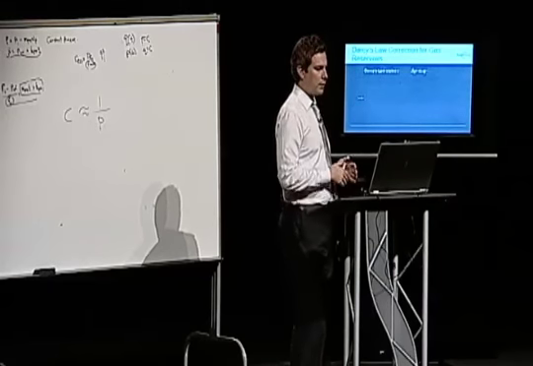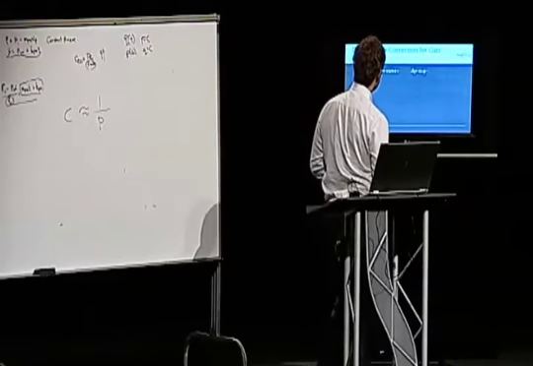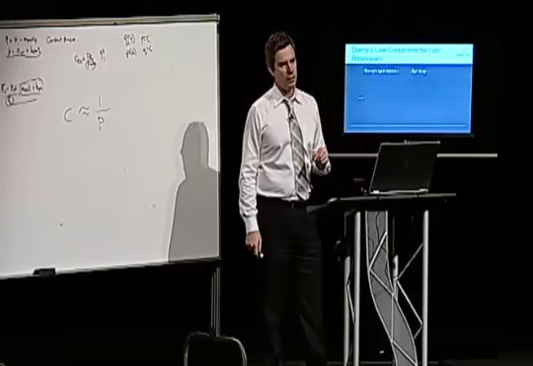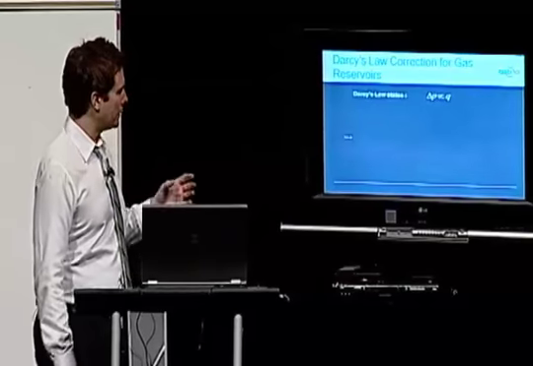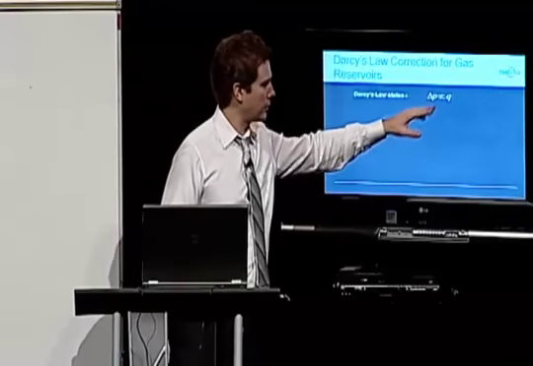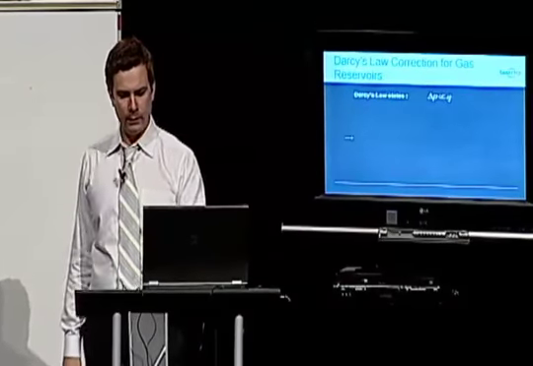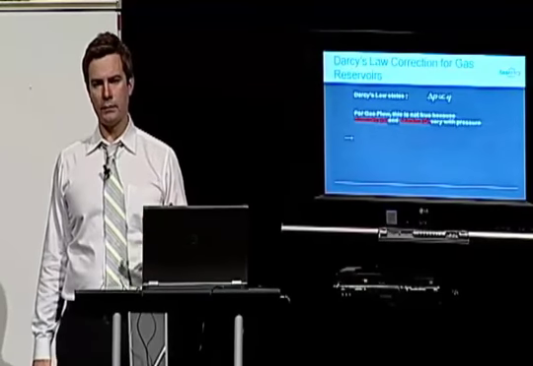So first of all, I want to talk about the inflow correction. And this goes right back to Darcy's law. If you have Darcy's law for a liquid, basically we have a proportionality between the pressure loss and the flow rate. And this is simply not the case for gas. Okay?